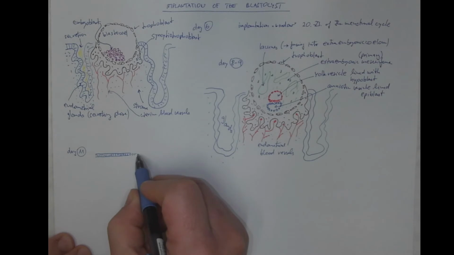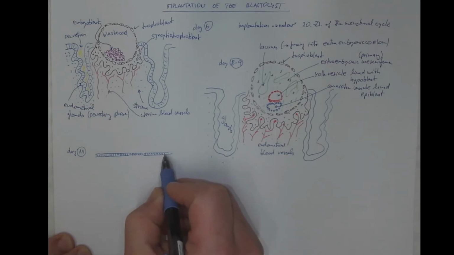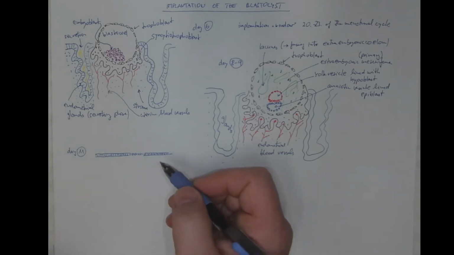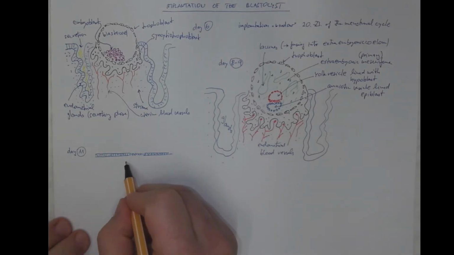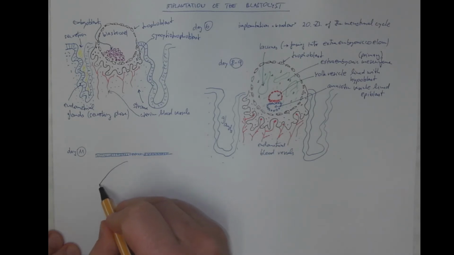Well, there's some fibrin plaque for some time before it's overgrown by the simple columnar epithelium of the endometrium again. But the whole embryo is now fully implanted.